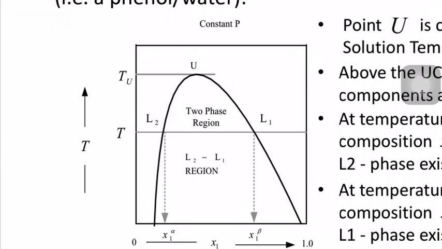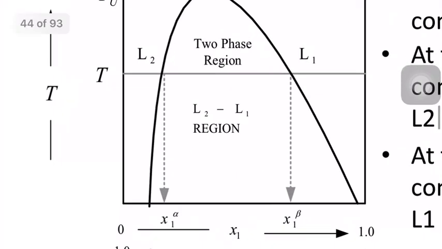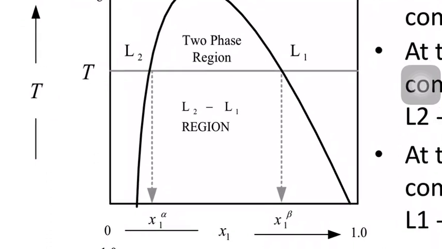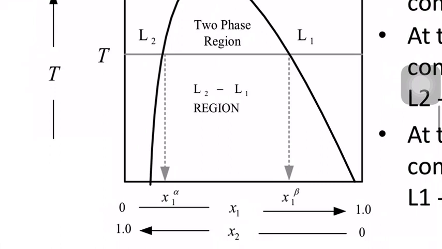At lower concentrations of component 1, where component 2 is rich, we have a one-phase liquid L2, which contains a small amount of x1.